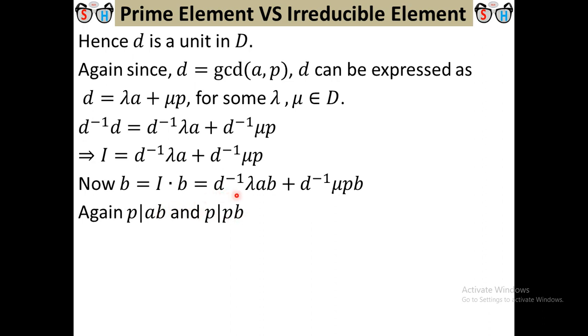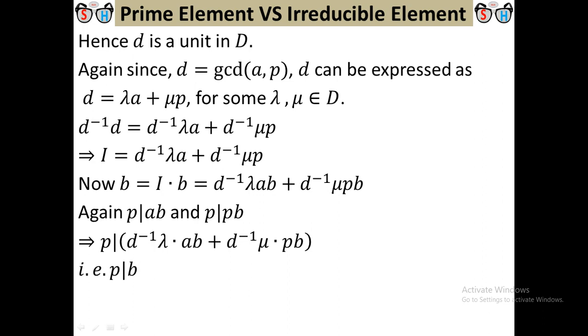Here we consider D inverse lambda and D inverse mu. Thus P divides B. So at first we see that if P divides A, then the theorem is done, but if P does not divide A, then P must divide B. So either P divides A or P divides B. Hence the theorem is proved, that is, P is a prime element.